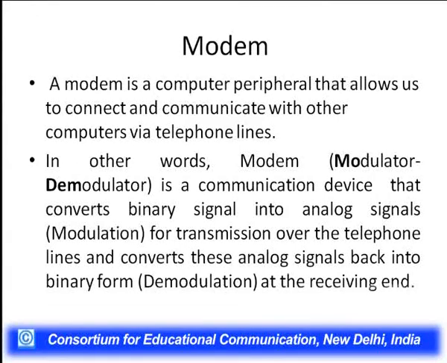So a modem is a computer peripheral that allows us to connect and communicate with other computers via telephone lines. It is a communication device that converts binary signal into analog signal for transmission over the telephone line, and these analog signals are converted back into the binary signals when they reach the receiving end.